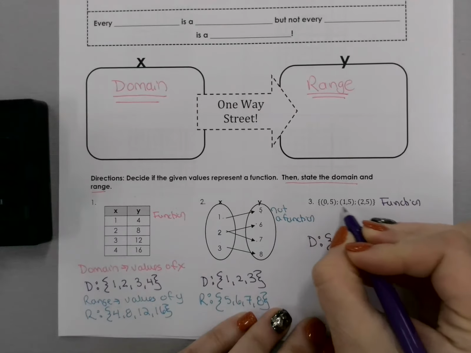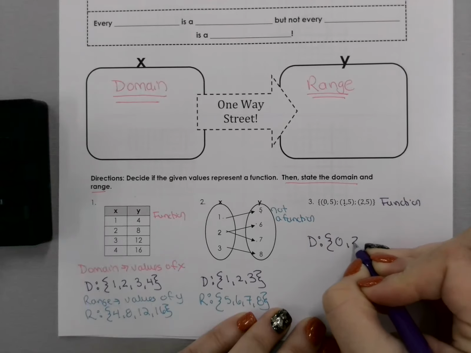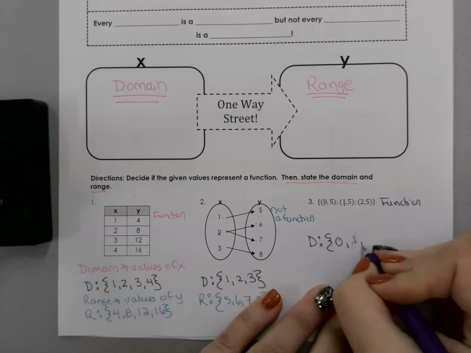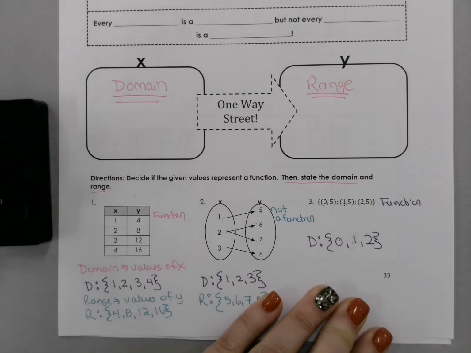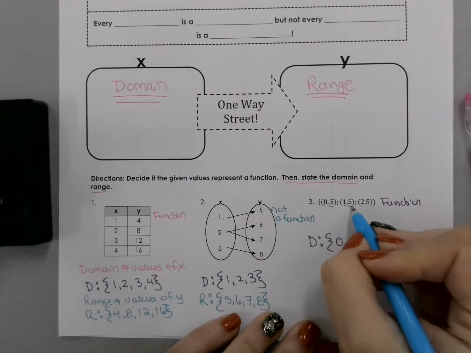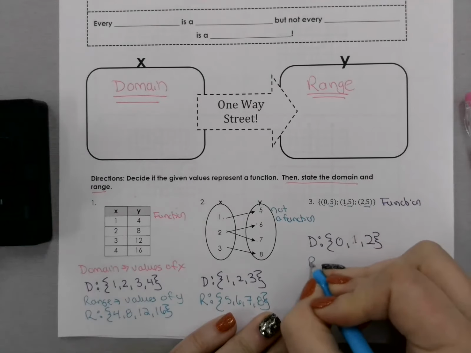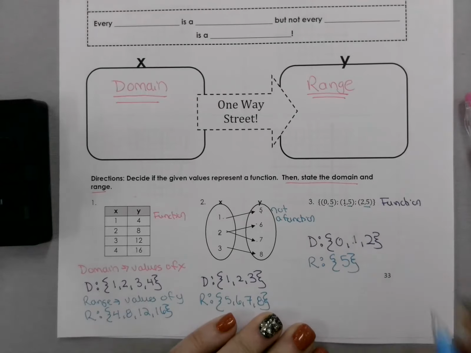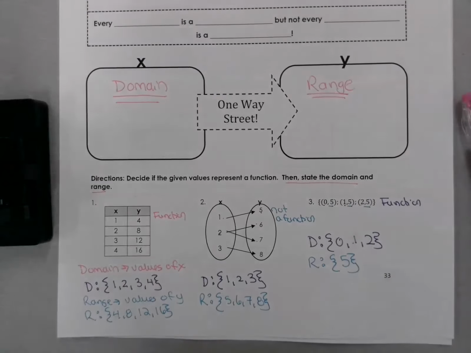Again, I have 0, 1, and 2, and that is in numerical order, except I almost wrote the 2 first. Oops. 0, 1, and 2. The range is 5, 5, and 5, but I'm not going to write the repeats. I'm just going to write 5, and that is my range.